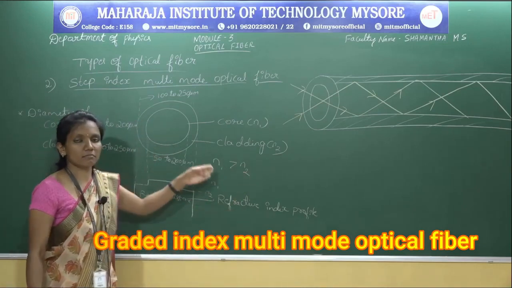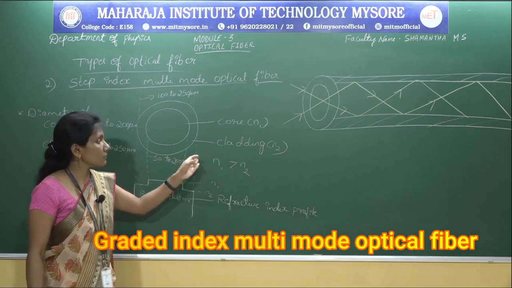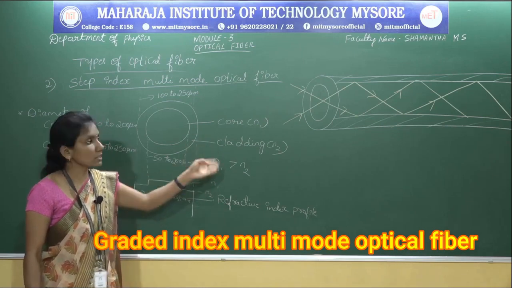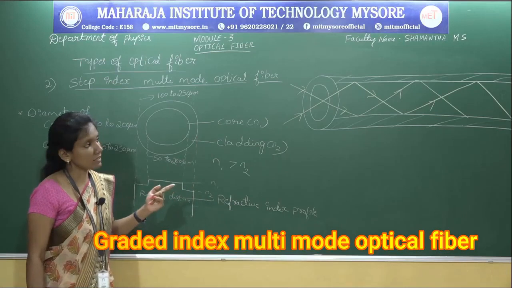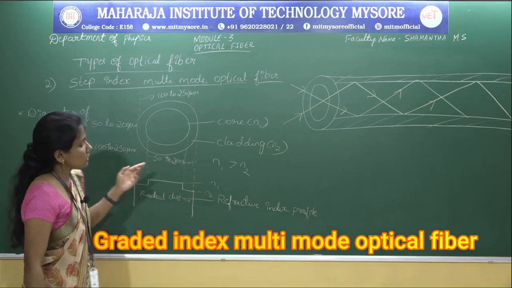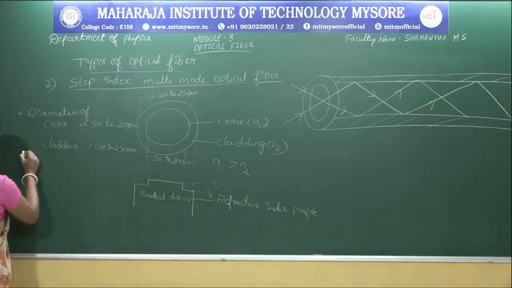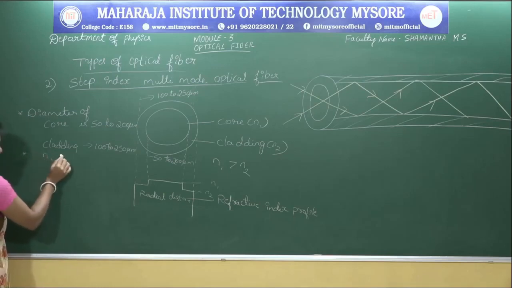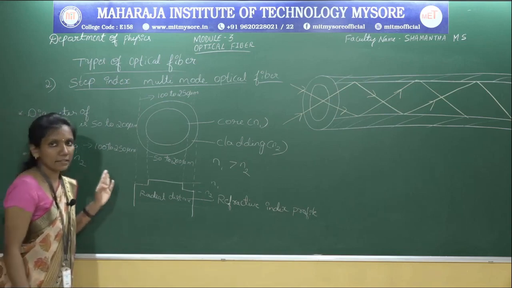The core refractive index must be greater than the refractive index of the cladding, so that complete total internal reflection can take place inside. So the condition is N1 is greater than N2.